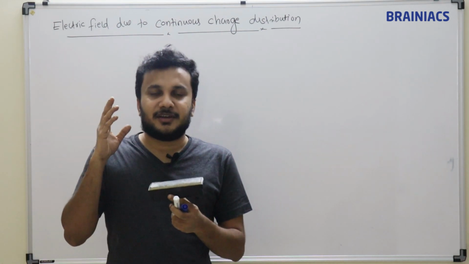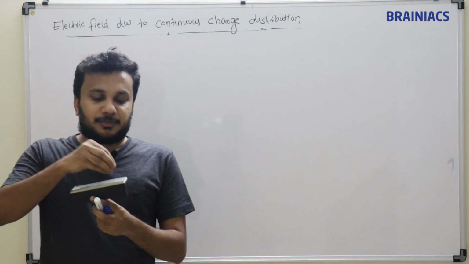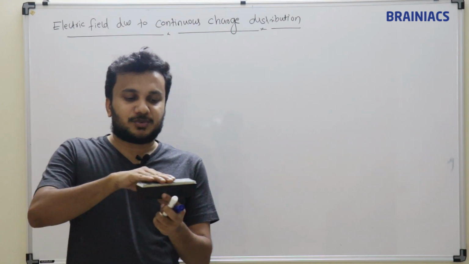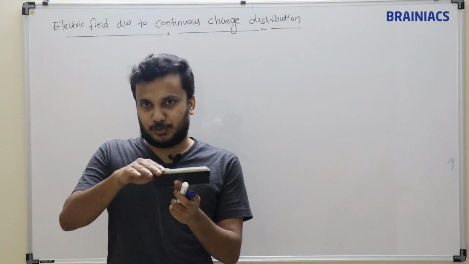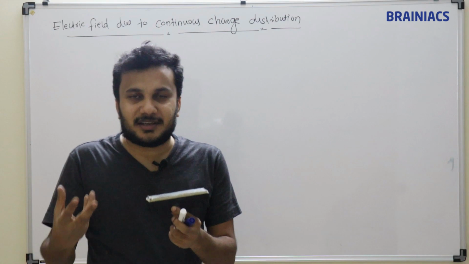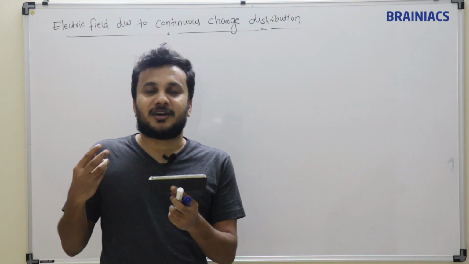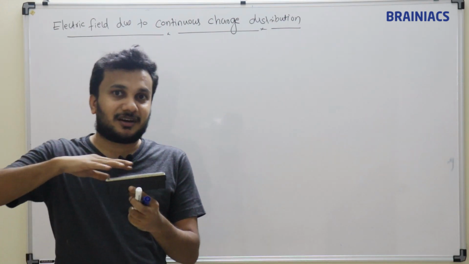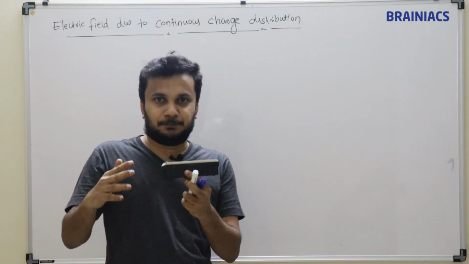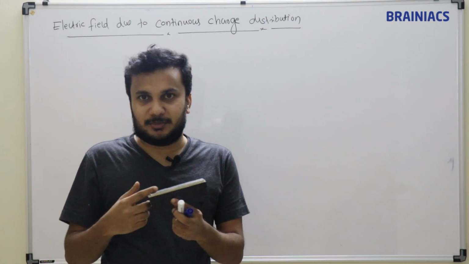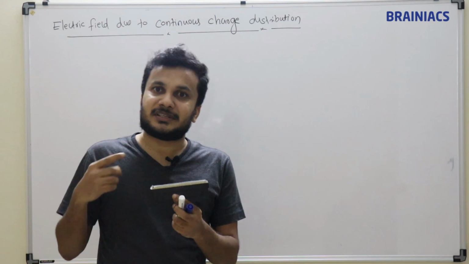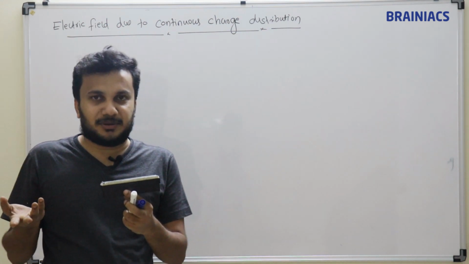Due to any method, if you provide charge to this, the charges will be spread over the surface. That is a best example for a continuous charge distribution. Charges are continuously distributed. If I ask you how many charges there are, you cannot say one charge, you will say more than one charge.